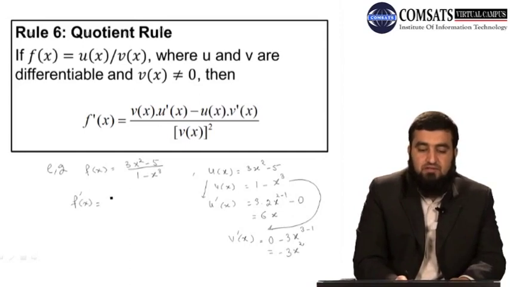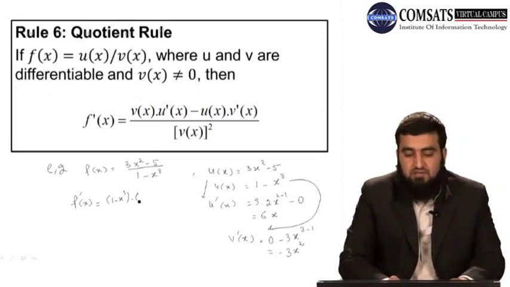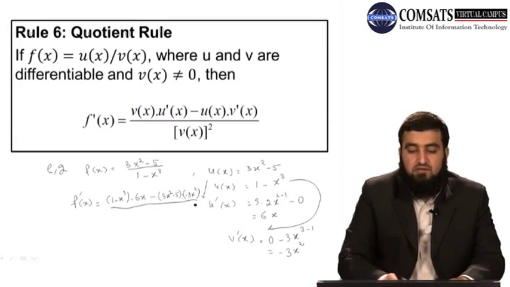So you know your v of x is 1 minus x cube. After that you will write u prime of x, which is 6x, minus, after that you will write u of x, which is 3x square minus 5, into v prime of x, which is minus 3x square. So this whole divided by v of x square. So 1 minus x cube whole square.